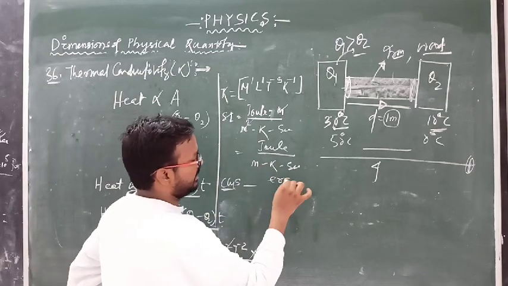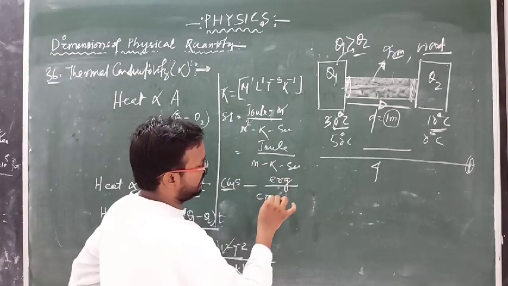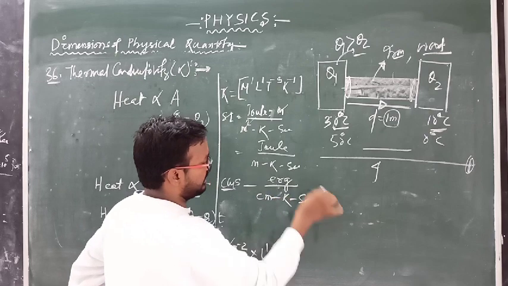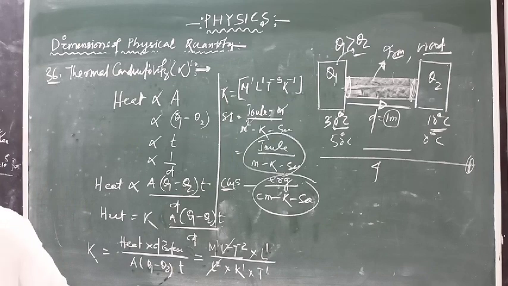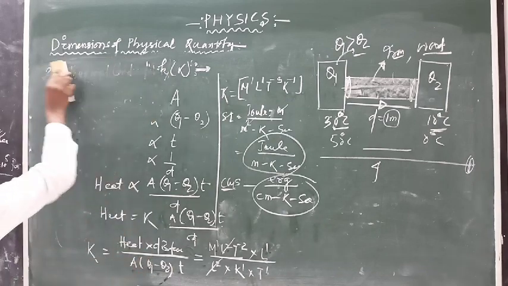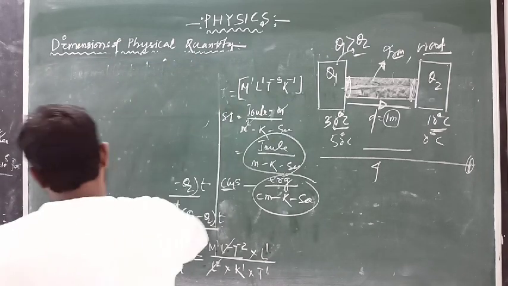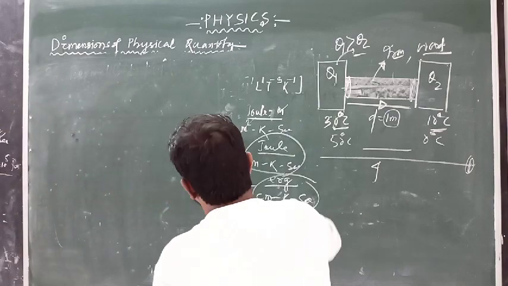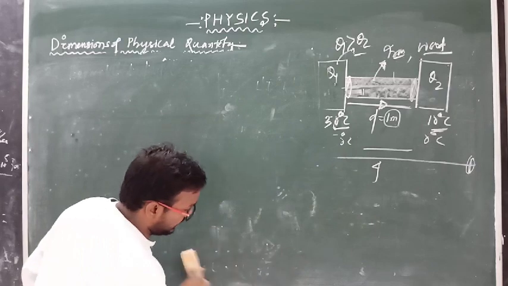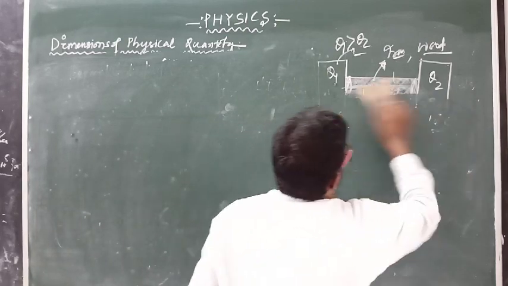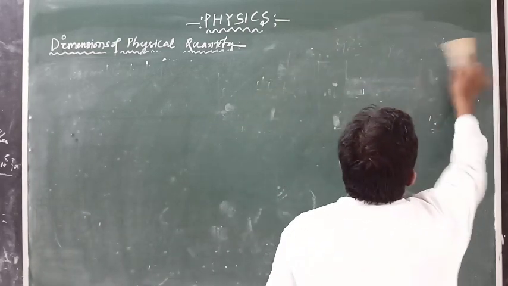Erg per second, centimeter and Kelvin, and this is CGS and this is the MKS unit of thermal conductivity. Clear? So these are just 1, 2 or 3 derived physical quantities and their dimensions regarding the heat chapter.